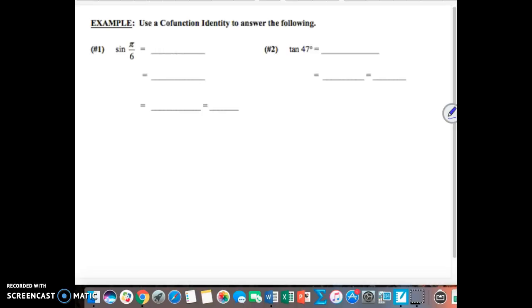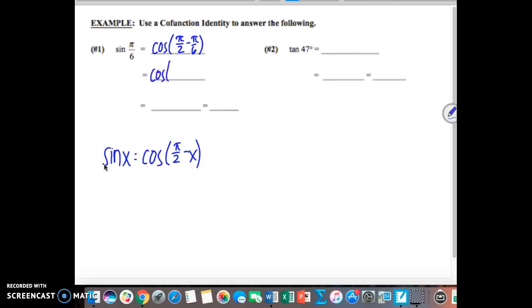But to see if we can use a cofunction identity to make sure these two values equal each other, let's try it out. We know that sine of x can be rewritten as cosine of pi over 2 minus x. In this case, x is pi over 6. So just replacing x with pi over 6, this is equal to cosine of pi over 2 minus pi over 6. In order to subtract these two terms, we need a common denominator because they're both fractions.